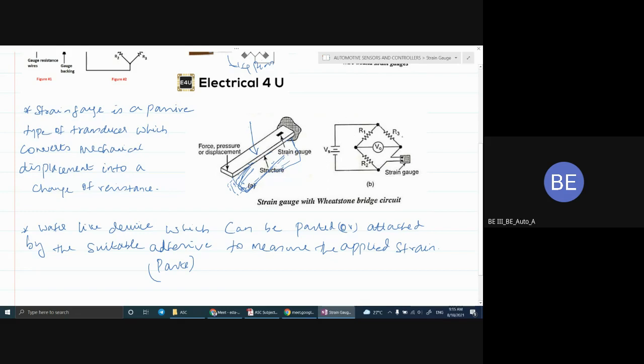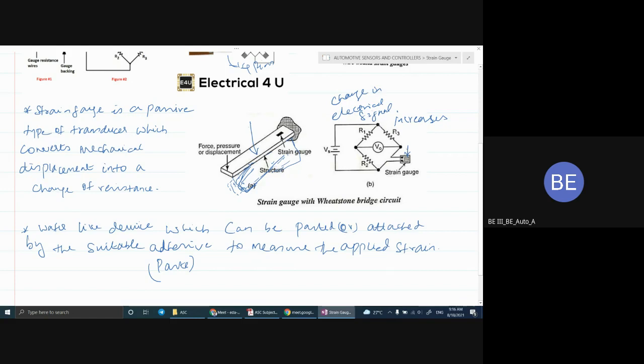So this stress will cause an increase. When we apply some force on this material, the resistivity increases. What happens when resistivity increases? There will be a change in the electrical signal.